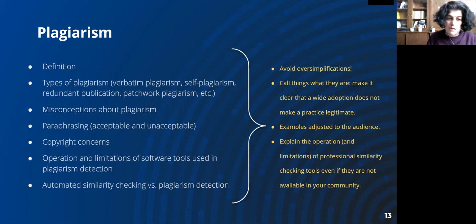There are many misconceptions about plagiarism, especially, for example, in my country, tolerance to some kinds of plagiarism is very high, especially for self-plagiarism or patchwork plagiarism, when people combine a few sentences from one source, a few sentences from another source. Even when they provide proper citations, this kind of combining text without any original content is very problematic.